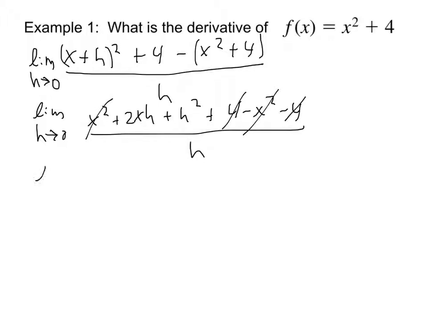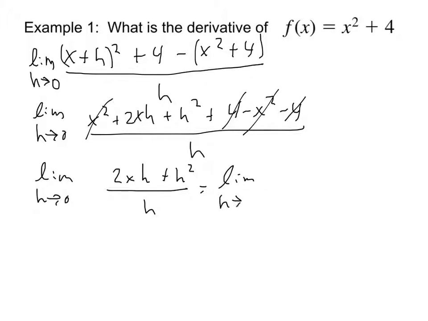I'm left with the limit as h goes to 0 of 2xh plus h squared all over h, which equals the limit as h goes to 0. If we factor out an h up top, we get h times (2x plus h) all over h.